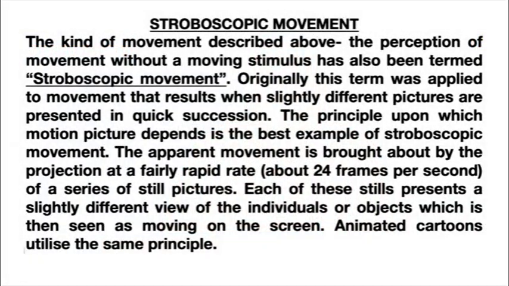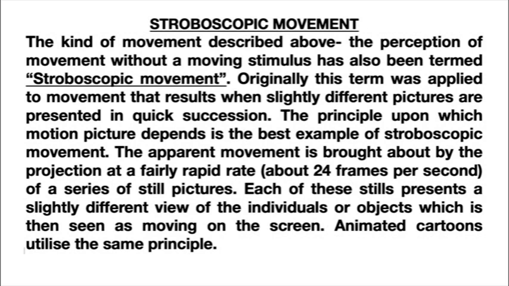Now, one of the apparent movements is called stroboscopic movement. What is stroboscopic movement? The kind of movement described above, the perception of movement without a moving stimulus, has also been termed stroboscopic movement. When the object is stationary, we are still perceiving movement, it is called stroboscopic movement.